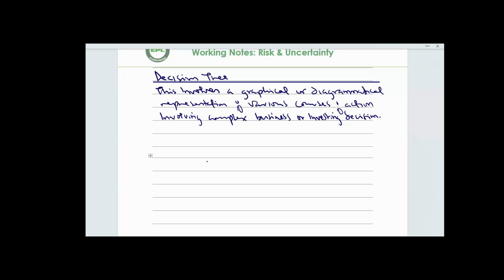Generally, businesses engage in merger and acquisition, divestments, make or buy, MBO. Let me just leave it at that.